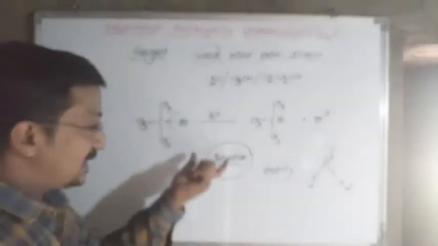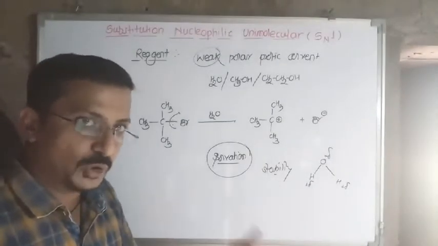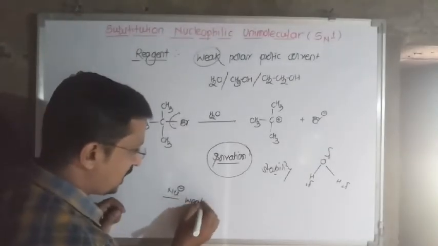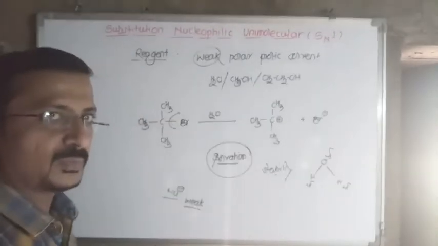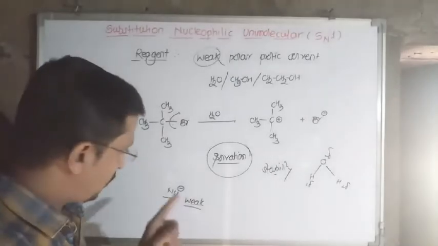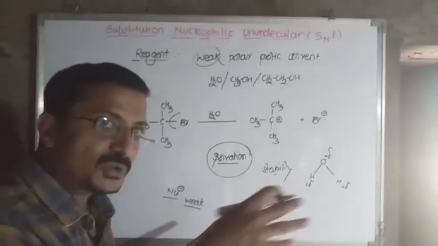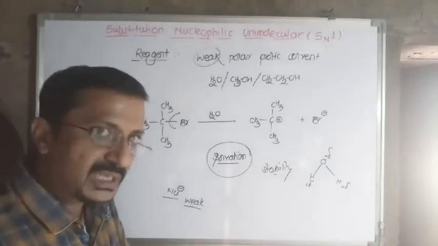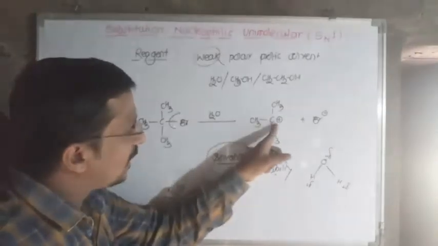Because in this case the solvent is the nucleophile, and even though it is weak, it can proceed with the reaction. How? Because it does not attack the substrate directly. It waits till the substrate undergoes heterolytic cleavage to form the carbocation and bromide.